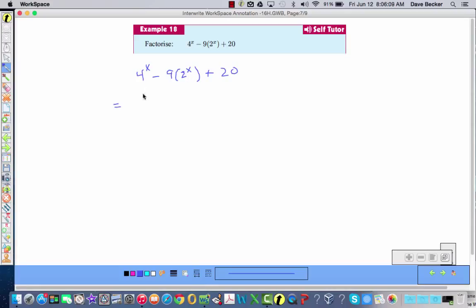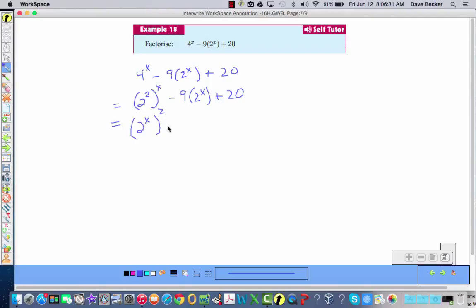So step by step, I can rewrite 4 as 2 squared to the x, that's legal, minus 9 times 2 to the x plus 20. And then I can rewrite that as 2 to the x squared.